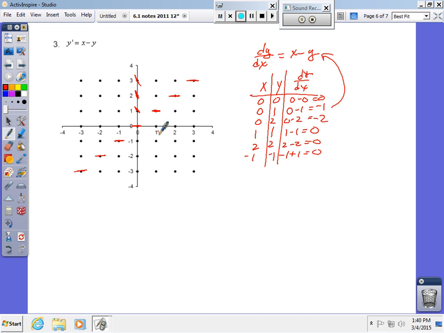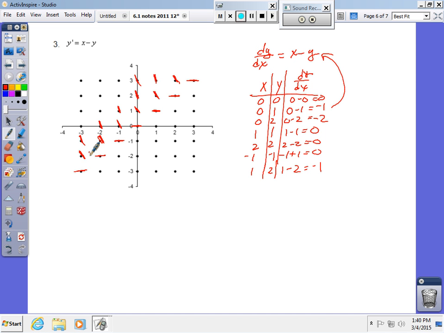Now watch what happens when I do (1, 2). That's 1 minus 2. My slope is -1. So now all of these diagonals going this way are going to be the same slope of -1. And hopefully you can realize that these diagonally this way are all going to be -2.